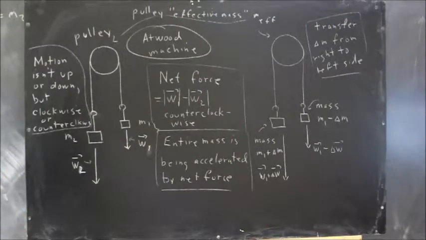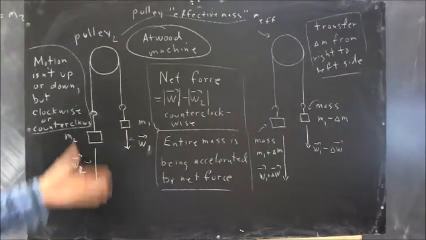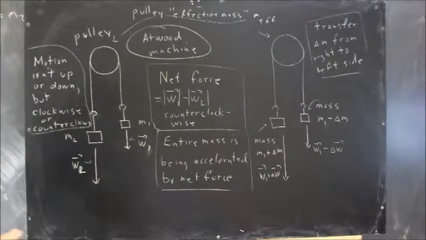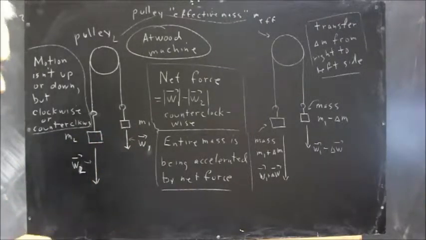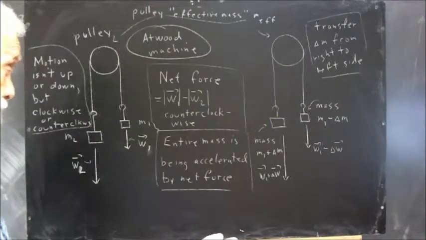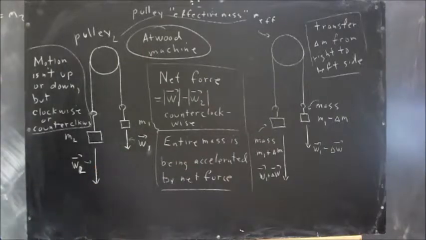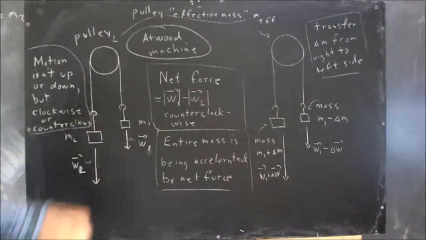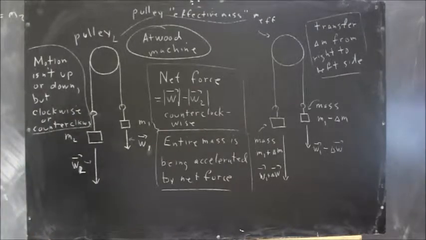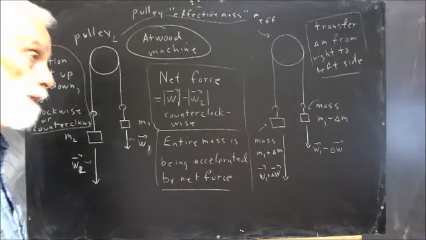Now, we haven't really talked about the meaning of weight versus the meaning of mass. Mass can be measured by how much an object resists being accelerated, whereas weight is the force exerted on that mass, a downward force, by gravity. So weight and mass are two completely different things.